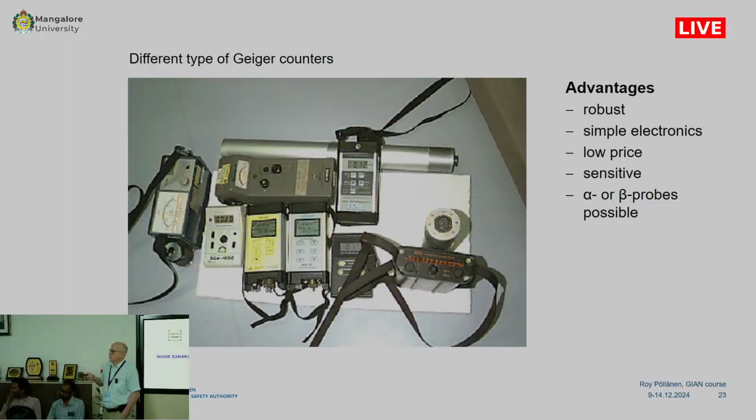The point for these is that they are very simple to use. They are usually calibrated in dose rates, for energies quite close to cesium-137. Advantages are that they are robust, with simple electronics, low price, sensitive, and it is possible to connect alpha or beta probes here.